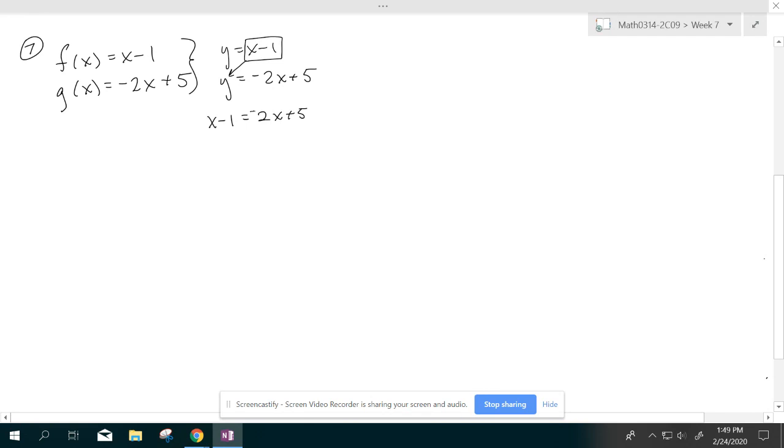So what did I just do? I substituted for this y what it's equal to. And now I've got a single equation with only x. I can now solve for x. So we're going to move the minus 2x over, and we're going to bring the minus 1 back. And that's going to give me 2x plus x, 1 plus 5.